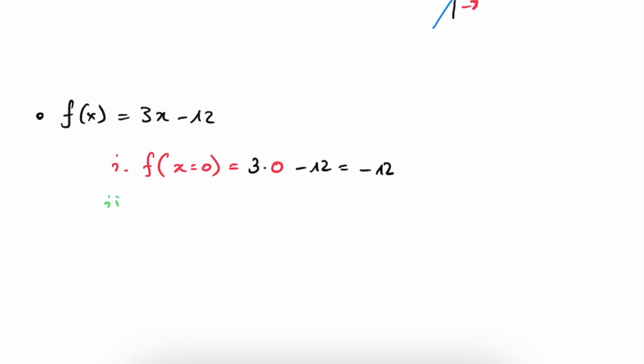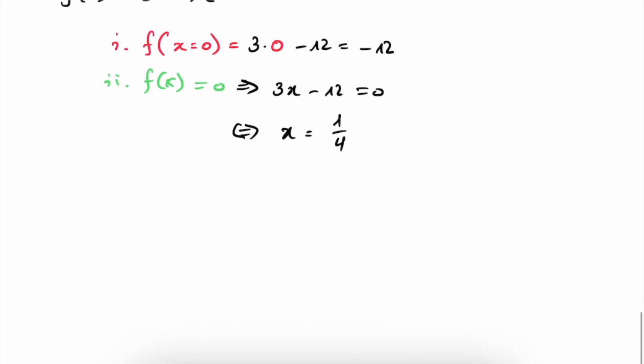The second point is where f of x is equal to 0, for which we have to solve the linear equation 3x minus 12 is equal to 0, and we get that x is equal to 1 over 4.